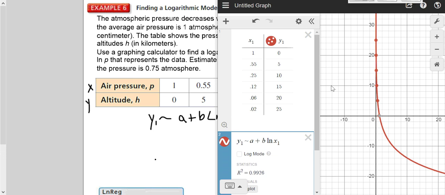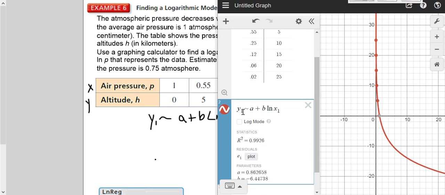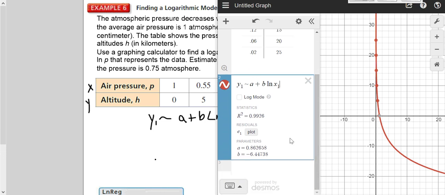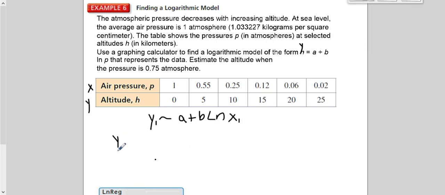Type in your table, then type in Y1 is approximately equal to A plus B ln of X1. So that's your natural log. A is 0.86. B is negative 6.45. If we round to hundredths place, then we write our equation.